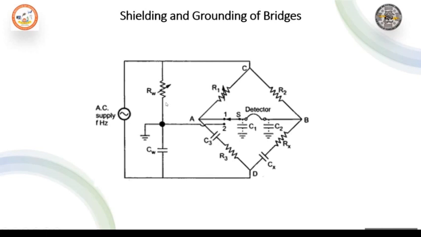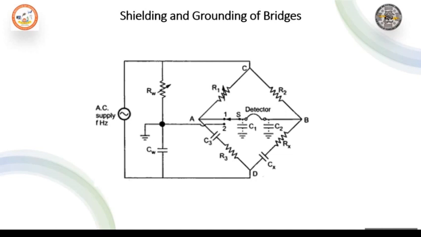Let us discuss the procedure for the adjustment one after the other. Look at the diagram. Switch S is connected in series with the detector. The switch is connected to position 1 and R1 is adjusted to get a null response, that is, minimum sound in the headphones. The switch is then thrown to position 2, which connects the detector to the Wagner ground point.